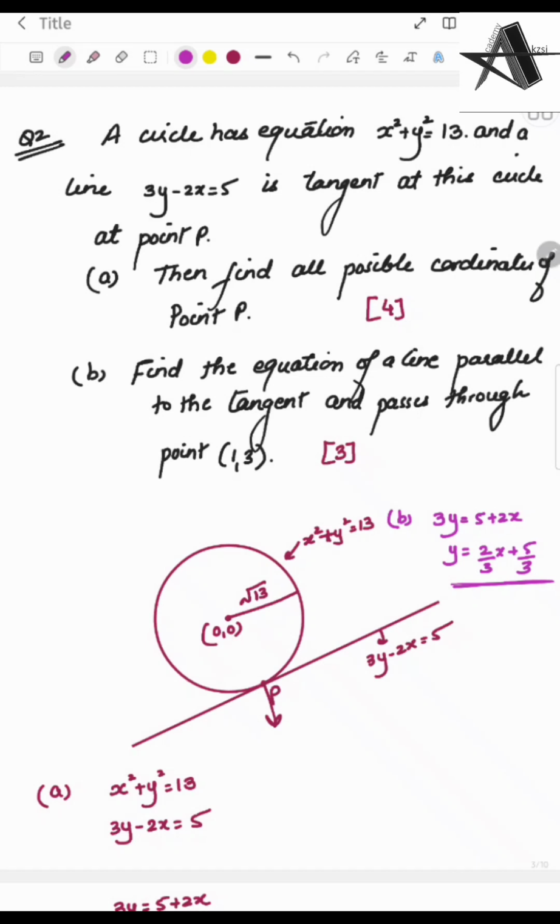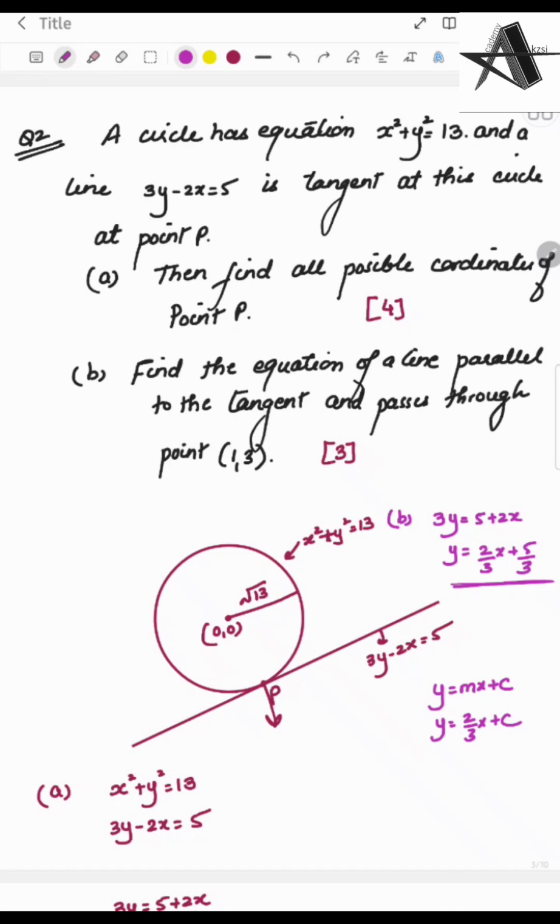So whatever line is going to be parallel to that line will have the same gradient, which is 2 over 3. We don't know the equation of that line, so we can say the equation of that line is y equals mx plus c. But we know the gradient of that line, so y equals 2 over 3x plus c. Now I only need to find c, and for that they have already given the point 1, 3 which is lying on that line.